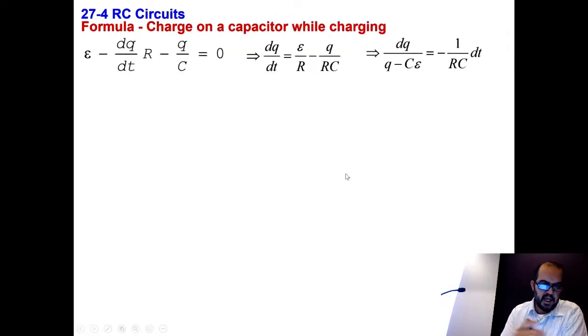Okay, so let's solve this differential equation. Let's rearrange the terms. We can write dQ/dt is equal to epsilon divided by R minus Q divided by RC. We can further rearrange the terms and bring the dt to this side, so this becomes dQ over Q minus C epsilon is equal to minus dt over RC.